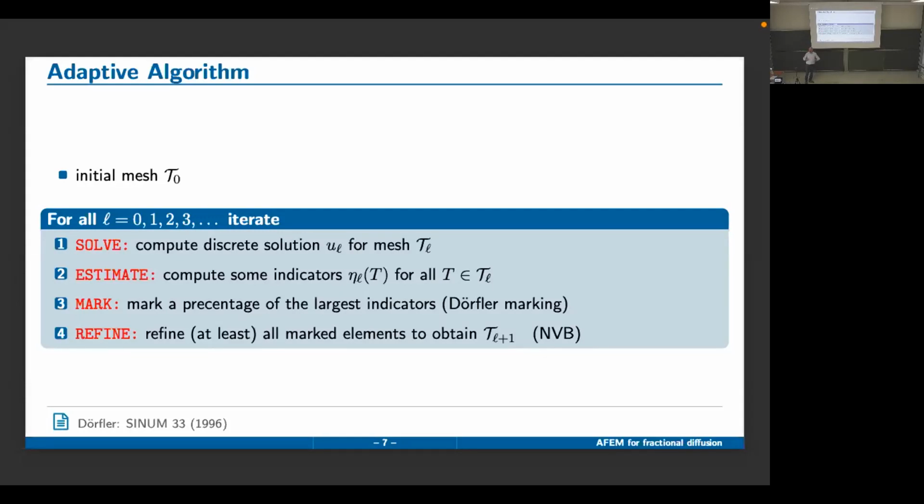Doing NVB guarantees some qualities of the meshes like no hanging nodes and so on. So I won't talk about mark and refine. These are completely standard. I will talk a little bit about solve and a lot about estimate, because these are the things you need to do for your model problem.